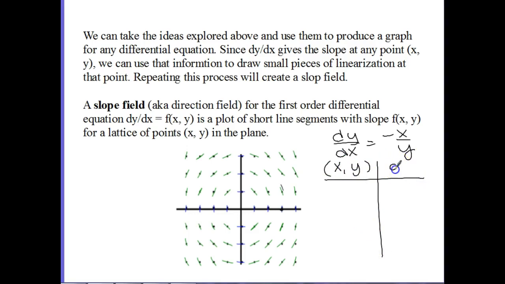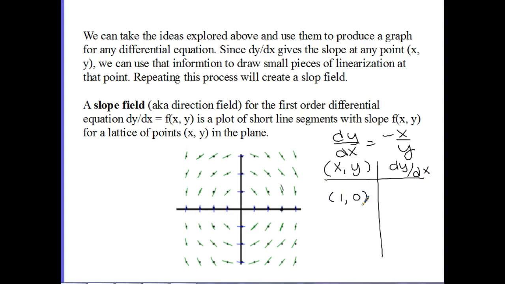So if you make a table for this, your table is set up a little bit differently now. Your table is set up as an ordered pair and then a slope. Let's say I have the ordered pair (1, 0).